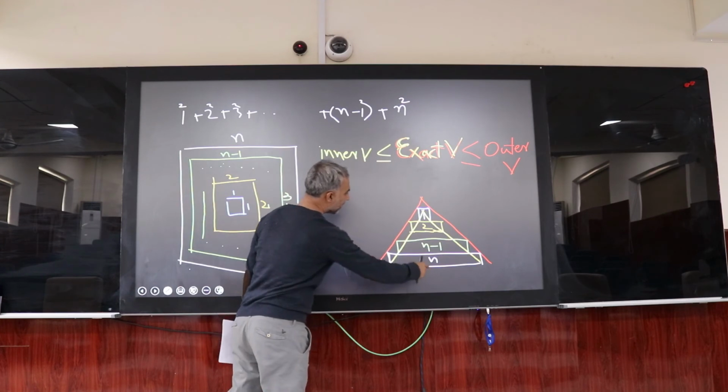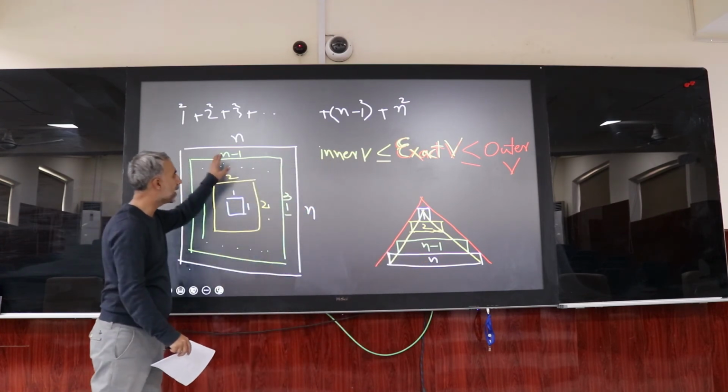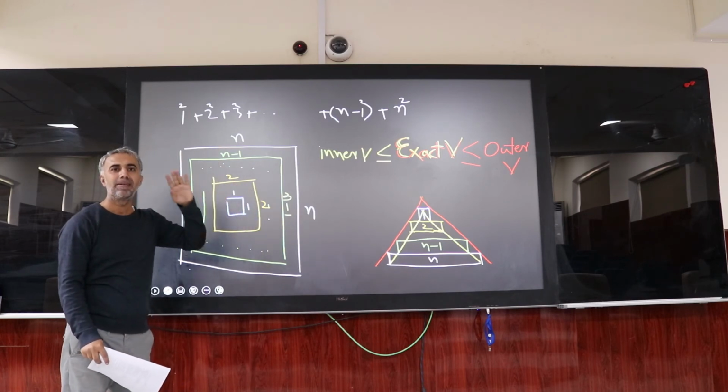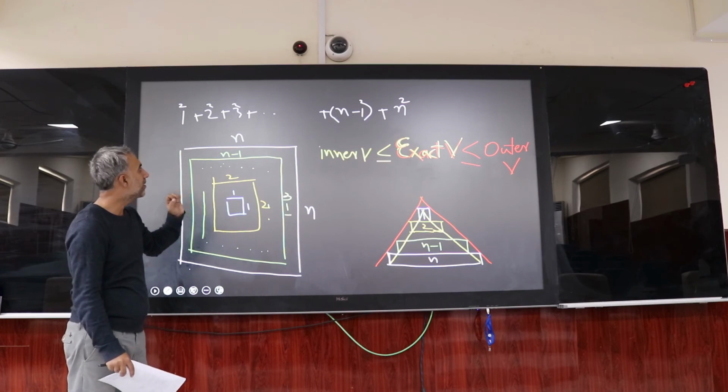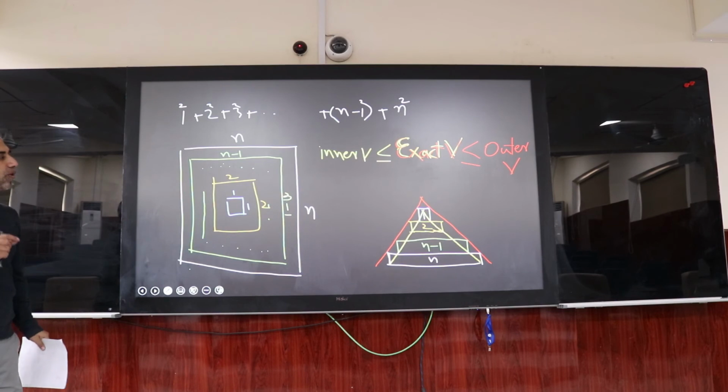Now, if we see the inner one, we can notice the base is a square, n into n. The third one is the height. According to the volume of a cone, what is the formula? 1/3 length into width into height.